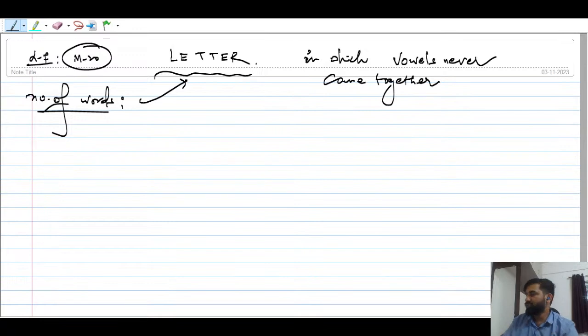Can somebody solve this question? It's a very good question that people can try. Whenever they say that vowels never come together, or couples, or girls will not sit together, or something in this manner, what you can do is forget about the vowels and use the gap method.